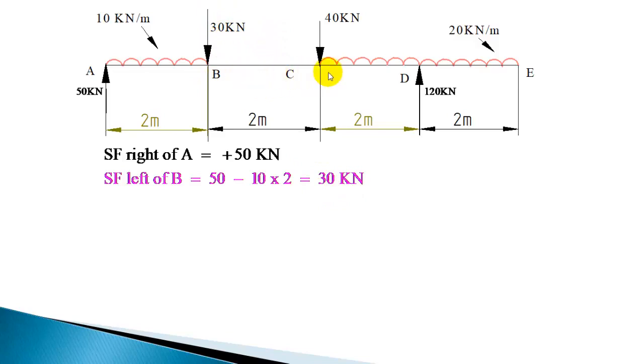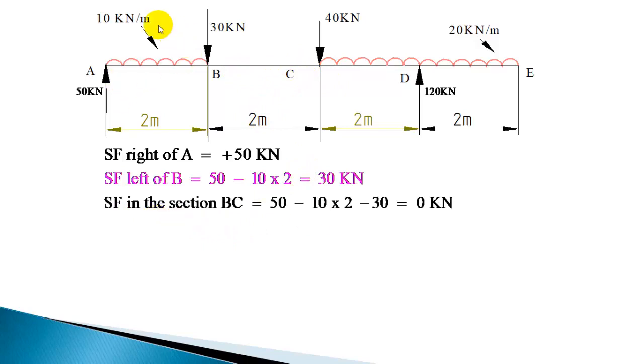So shear force anywhere between B and C is 0. So let us sum up from left side. So let us sum up again, 50 minus 20 minus 30, that will give the shear force here. So 50 minus 20 minus 30, 0 kilonewton. So this part is not subjected to any shear force.